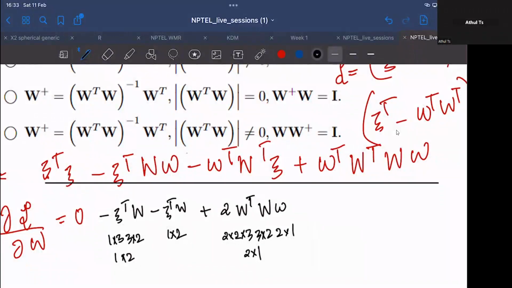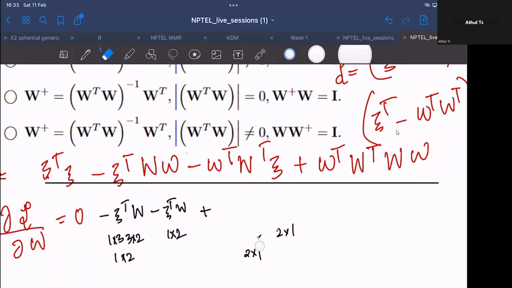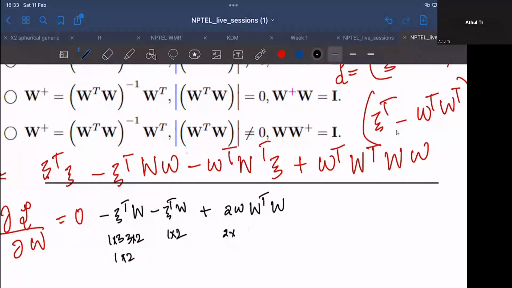Again, to make the dimensions consistent after differentiation, we would end up with this term, 2 omega transpose W transpose W. So the dimensions would be omega transpose 1 cross 2, 2 cross 3, 3 cross 2. So we will end up with again 1 cross 2. Also, all these are 1 cross 2.